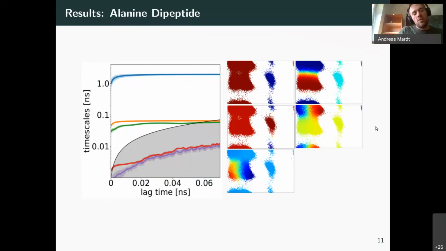And here on the left side, you see the timescales. We ask for 6 states, so you always get 5 processes, because one process is always the constant process, which has eigenvalue 1, a timescale of infinity, which is the stationary distribution.